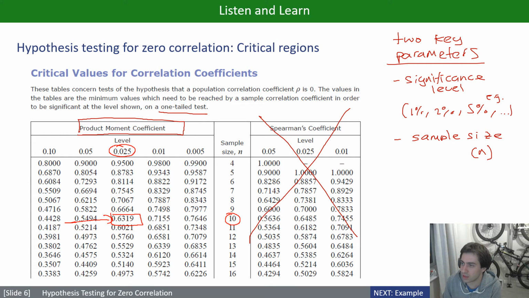This is my critical value, and that's the number I'm going to compare to my actual sample PMCC, my little r. If the little r is less than this, closer to 0, then we go with the null hypothesis. If the little r is much bigger, we go with the alternative hypothesis. Let's take a look at some examples to hone this down.